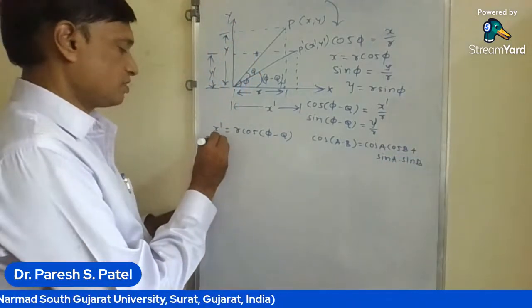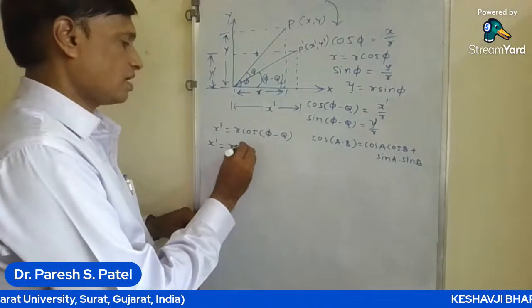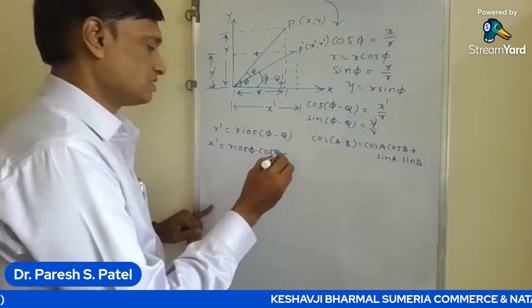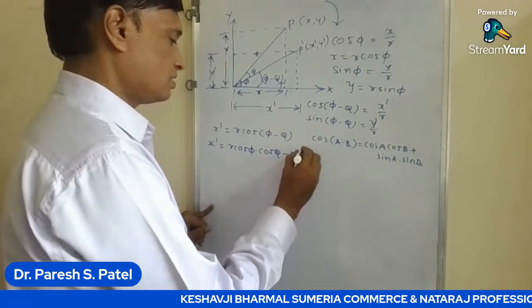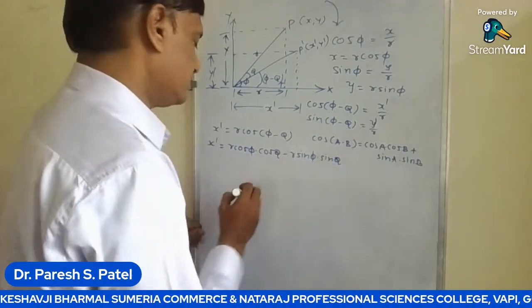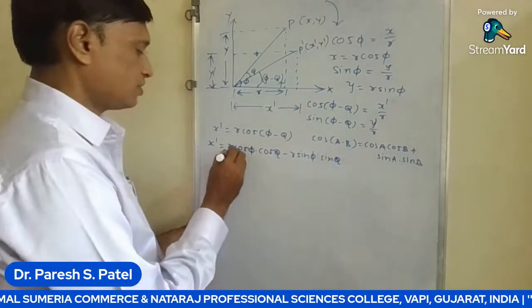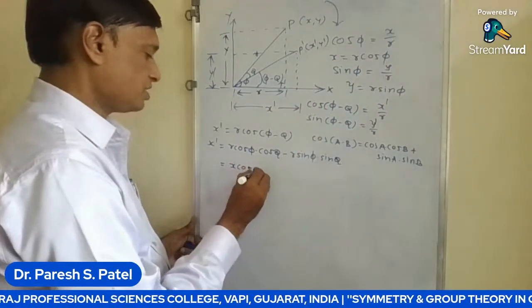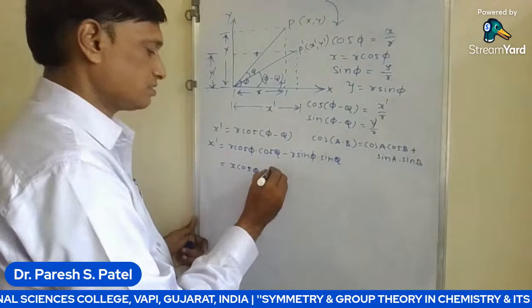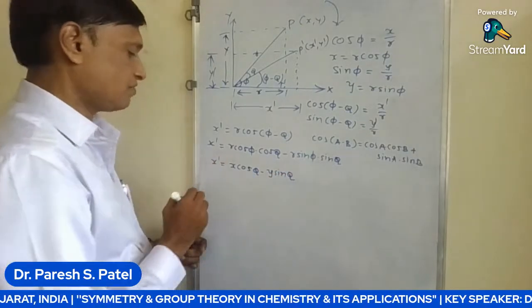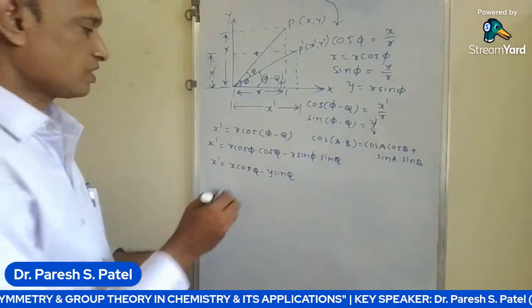So x dash is equal to r cos phi cos theta plus r sin phi sin theta, where r cos phi is equal to x and r sin phi is equal to y, so x cos theta plus y sin theta. So this is the one equation regarding x dash.